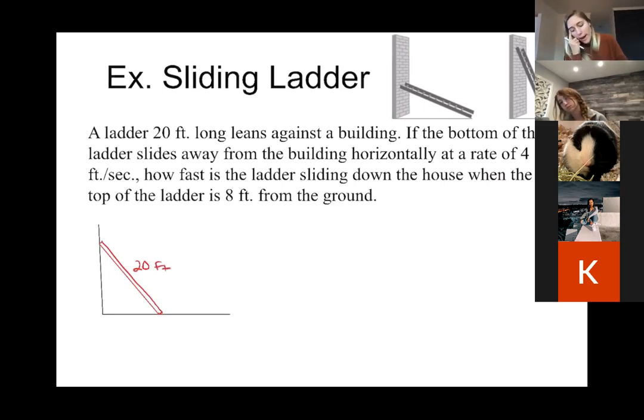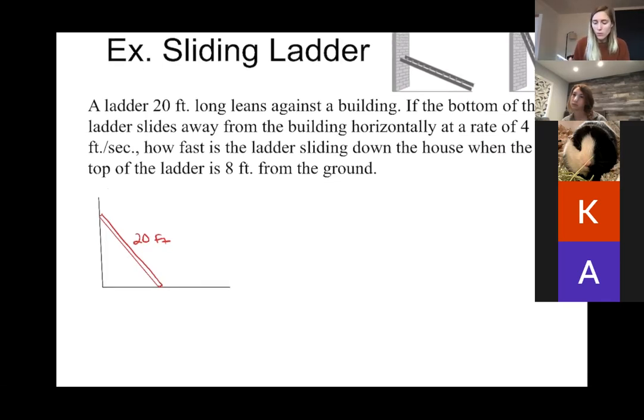If the bottom of the ladder slides away from the building horizontally at a rate of 4 feet per second, how fast is the ladder sliding down the house when the top of the ladder is 8 feet from the ground? So this is pulling the bottom of the ladder out at a rate of 4 feet per second, and we're solving for how fast the ladder is sliding down the house, or the building.